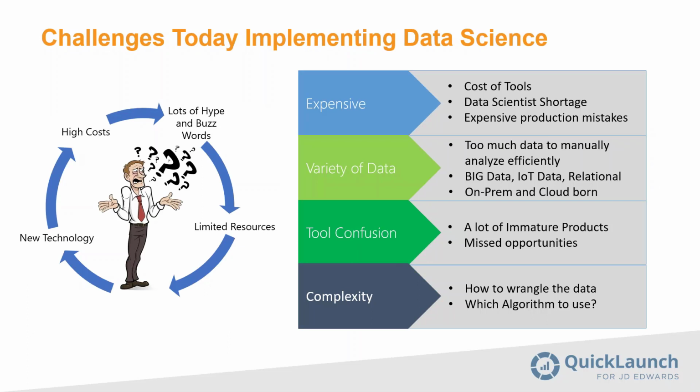So if data science is so great, why isn't everybody doing it? Well, there's a lot of barriers to entry or challenges facing enterprises attempting to adopt this technology. The first is really there's just too much data to analyze manually. So you have data from on-prem relational databases like JD Edwards, and then you have cloud data from IoT devices and social media and software as a service platforms.